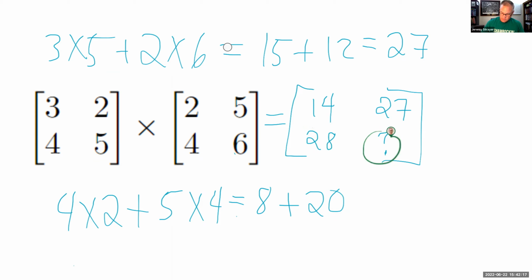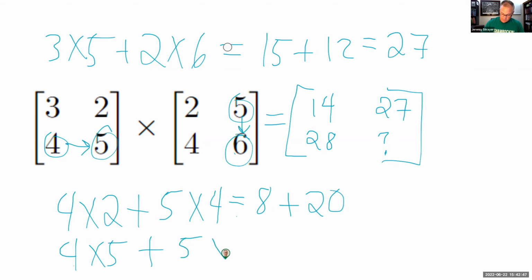And finally, this position, it's the second row, second column. So second row of the first matrix, second column of the second matrix. So we'll have 4 times 5, and then we'll move in this direction and this direction to get 5 times 6. So 4 times 5 plus, and we'll move here, 5 times 6.